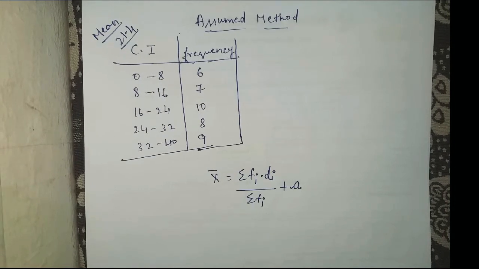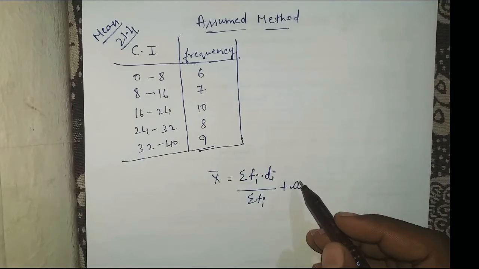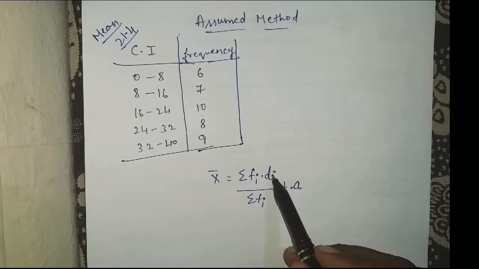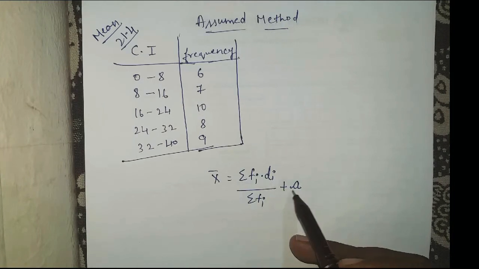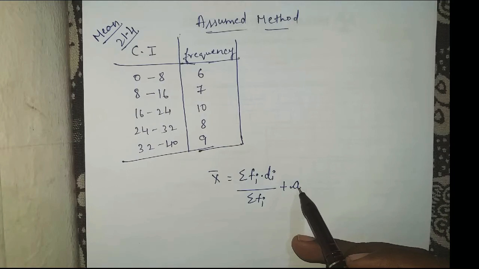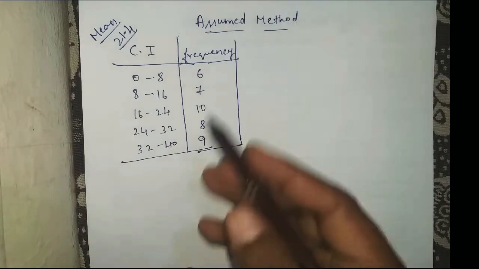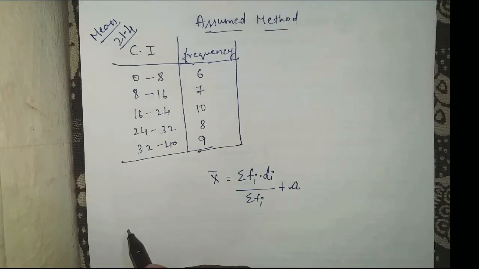Got it, students? A very important formula. In the previous formula you add xi; in this formula you have di plus a. So we'll not waste time, we'll go directly to the assuming mean method.